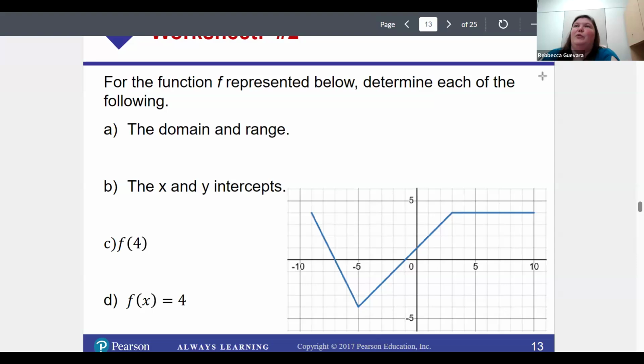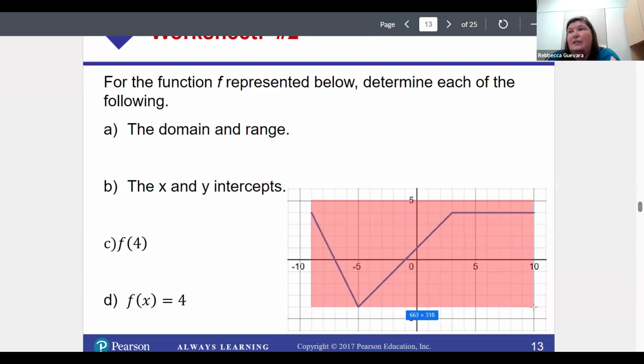All right, so for number 2, I'm going to use this to show it. We want the domain. Domain is all our x values, so we're looking in this direction. I'm here, I hit everything else in here, and I stop there.